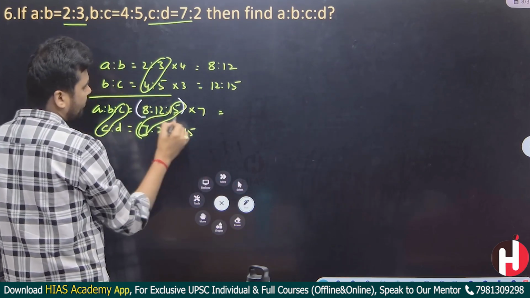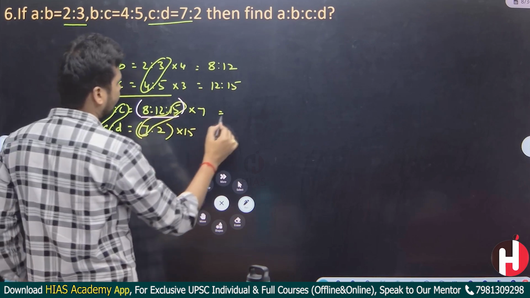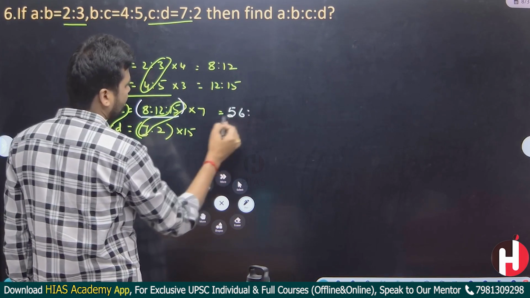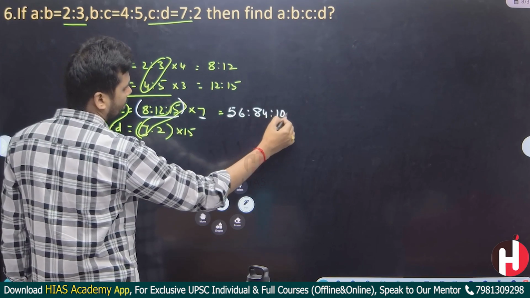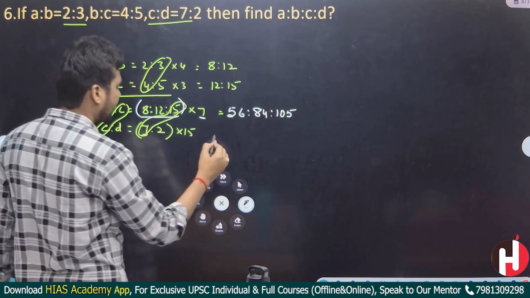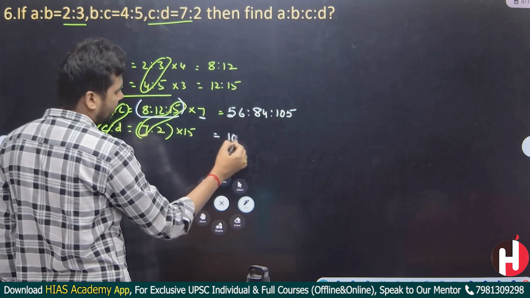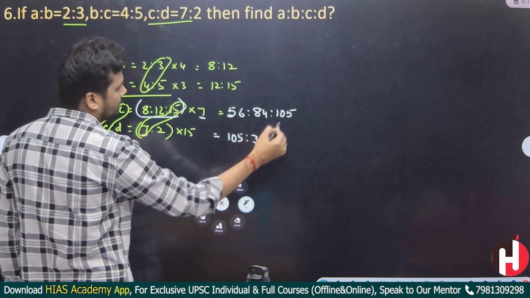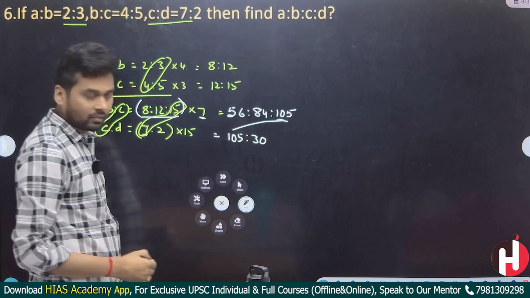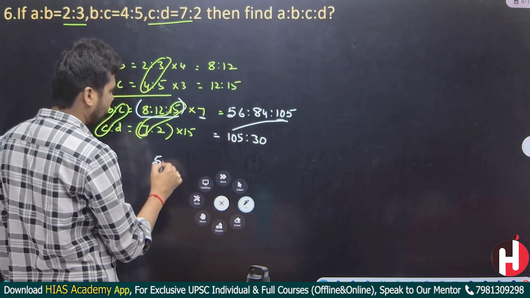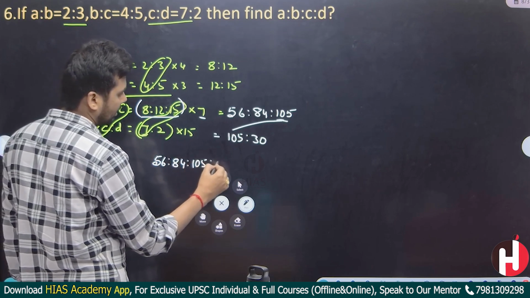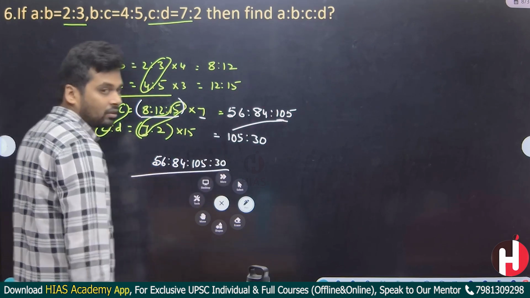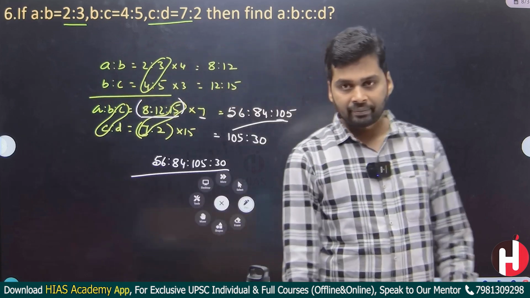So you multiply this complete ratio with 7, and this value with 15. 7 8s are 56, 7 12s are 84, 15 7s are 105, 15 2s are 30. So now I am equating the C value. Then A is to B is to C is to D value is 56 is to 84 is to 105 is to 30. Okay. So this is the normal method.